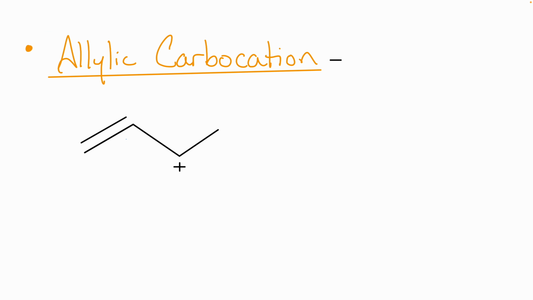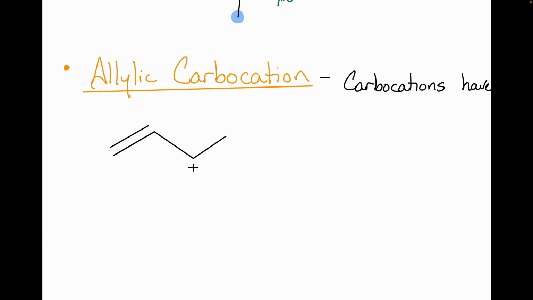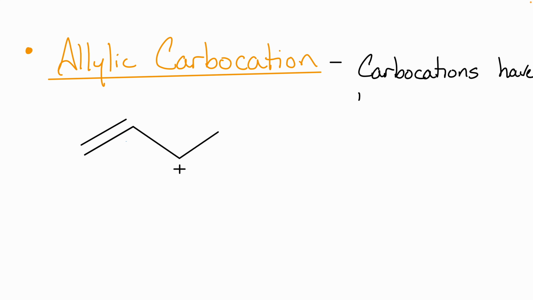Okay, so our allylic carbocation, the important thing to remember here is that carbocations have incomplete octets. So they can accept electrons.